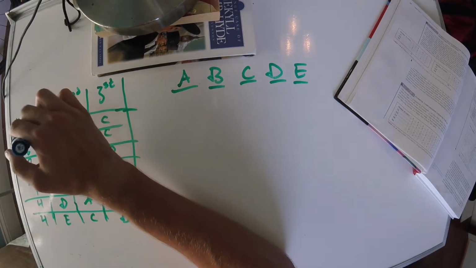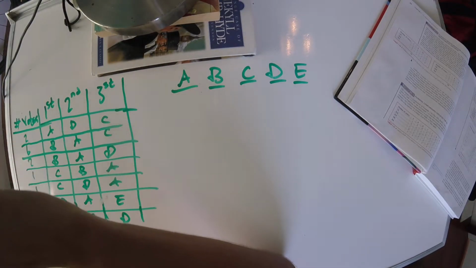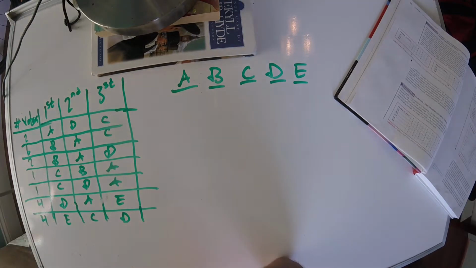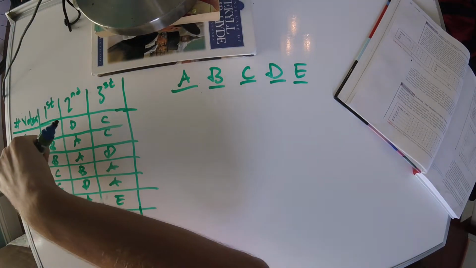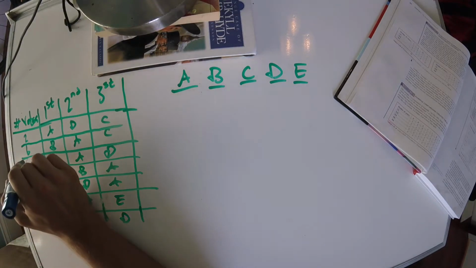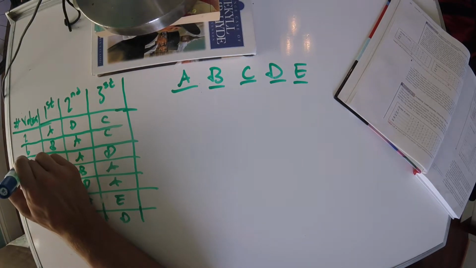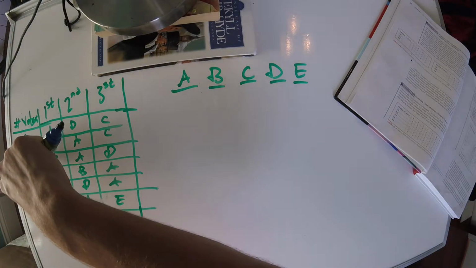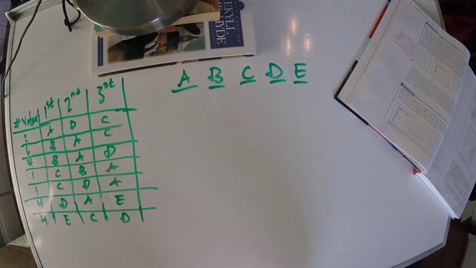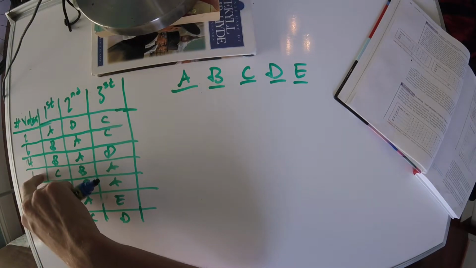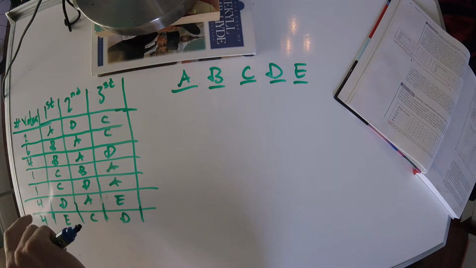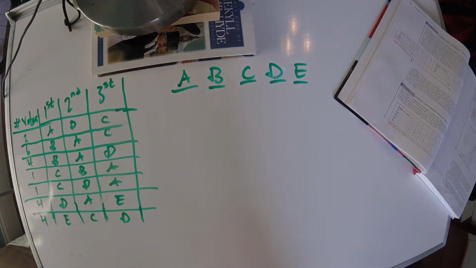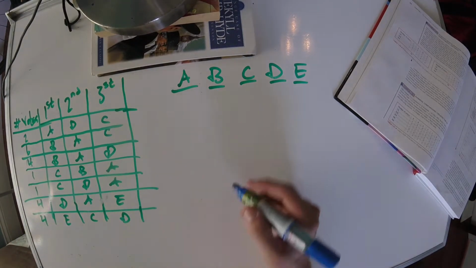So our total number of voters is, whoops, I'm sorry, this was supposed to be a 4 here. Sorry, there were 4 people who had this particular ballot. Okay, and the rest of it is good. So we have 10 plus 2 is 12, plus 2 is 14, plus 8 is 22. So total 22 voters.